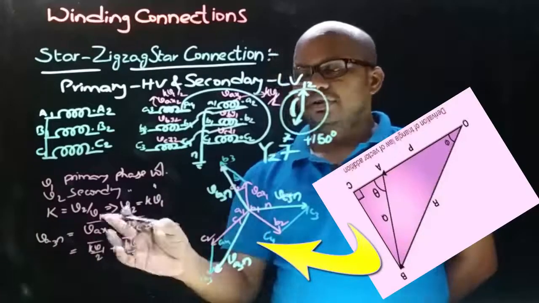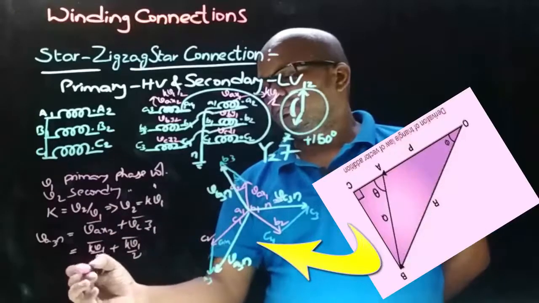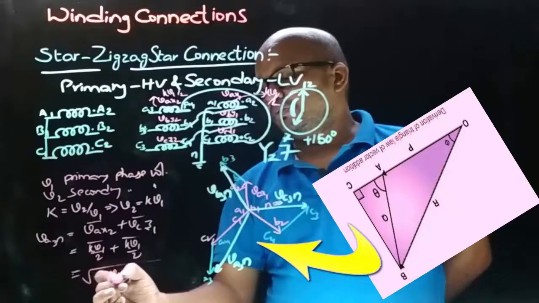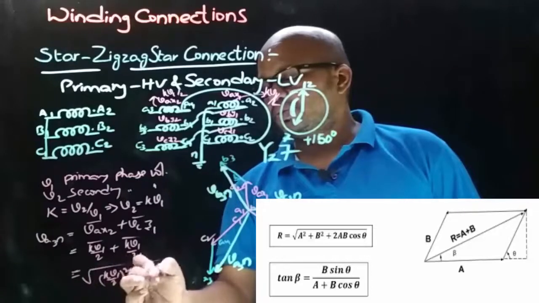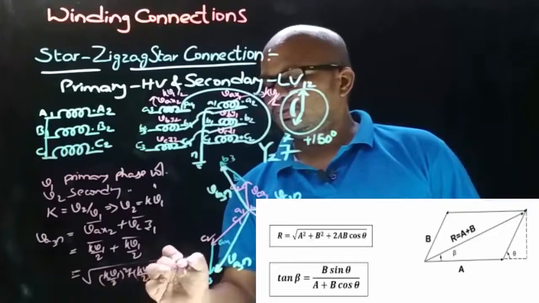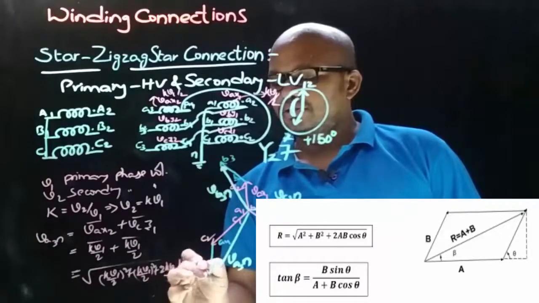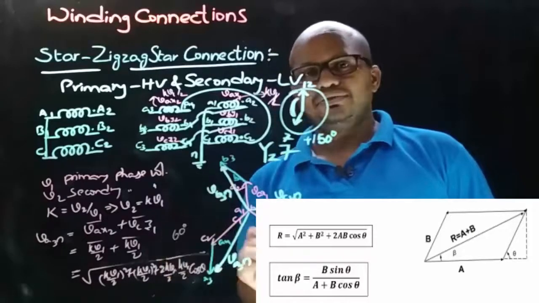These two are vector sums. And now by applying the triangle rule of vectors, we get VA3N is equal to root over (K into V1 by 2) whole square plus (K into V1 by 2) whole square plus 2 into K into V1 by 2 into K into V1 by 2 into cos theta, where here theta is 60 degrees.